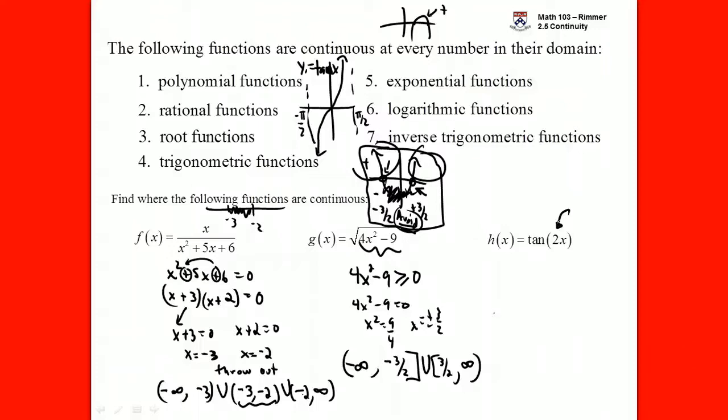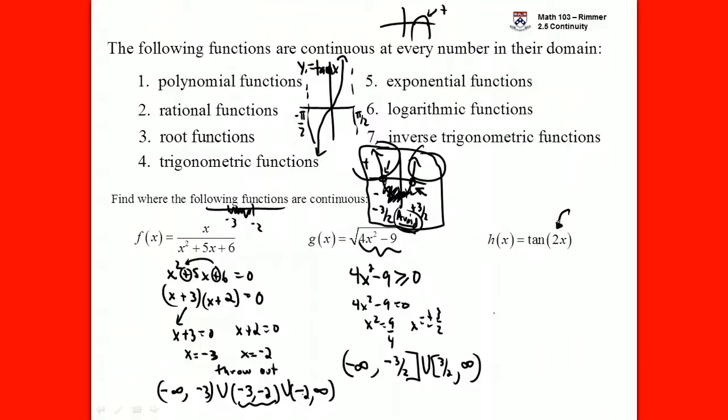Okay, but it's opposite of what you would think. You would think that times it by 2 would be like a stretch in the x direction. But it's opposite. Anything that happens with the x on the inside is opposite of what your intuition tells you. Anything that happens on the outside is exactly what your intuition says. If I add 7, I'm going to be moving it up 7. If I take away 7, I'm going to be moving it down 7.